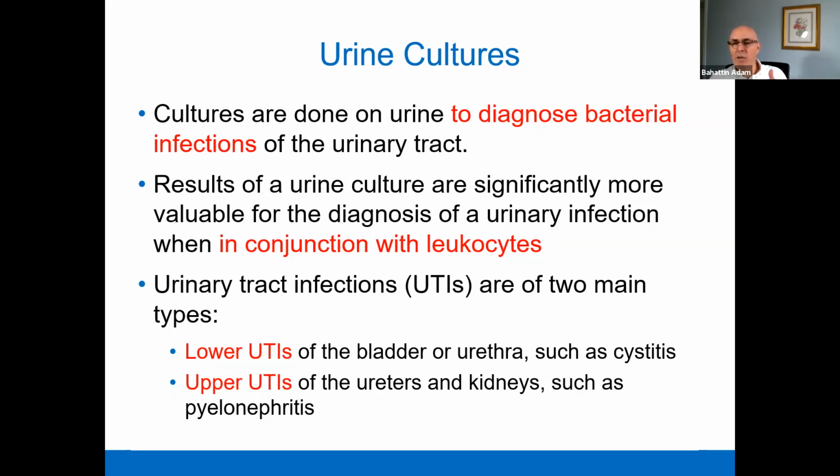Urinary tract infections are classified as lower urinary tract infections and upper urinary tract infections. Infection of the bladder and urethra, such as cystitis, is known as lower UTI. Cystitis is an infection of the urinary bladder.